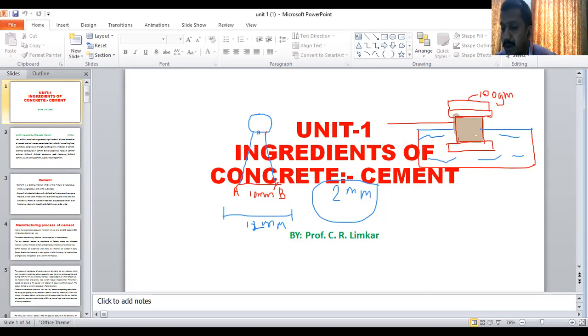If it is less than 10 mm, that means there is no excess lime or excess magnesia in your cement, it is in good condition, and you can use it for your construction work. But if the distance between the two indicators goes on increasing more than 10 mm, that is around 12 mm, 15 mm, 20 mm, it indicates that there is presence of excess lime and magnesia in the given cement. Okay, clear?